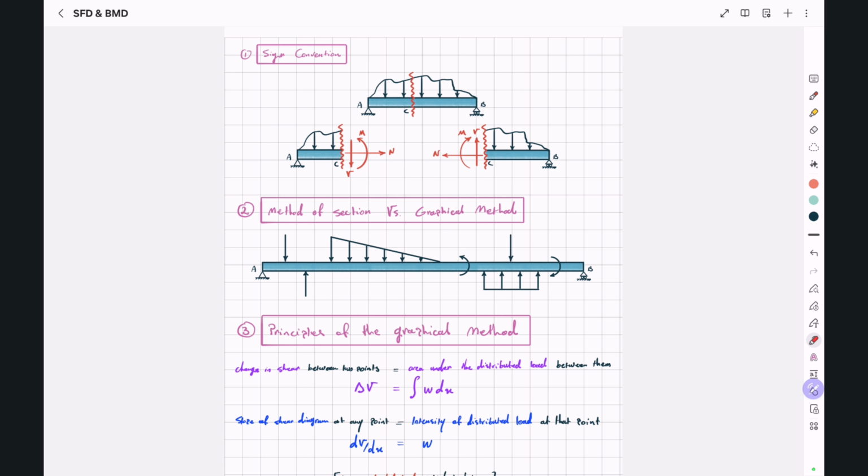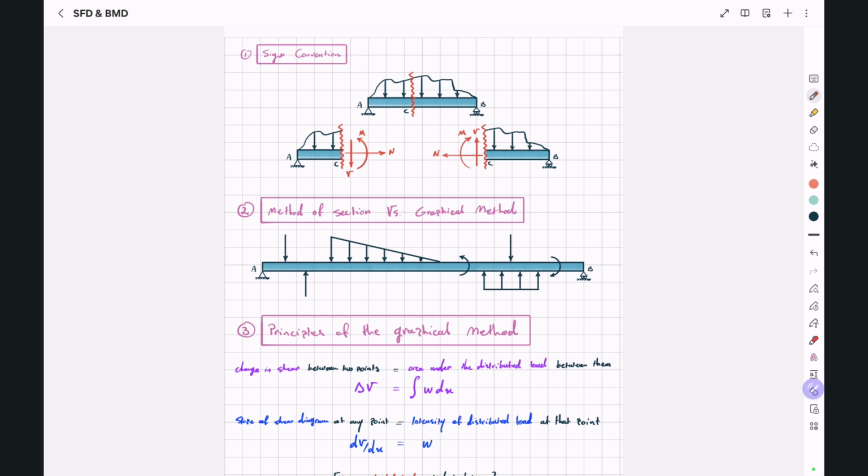Now, if we want to draw the shear force and bending moment diagrams for this simply supported beam using the method of sections, we have to determine the support reactions and then cut the beam at different sections and determine the shear force and bending moment as functions of x.